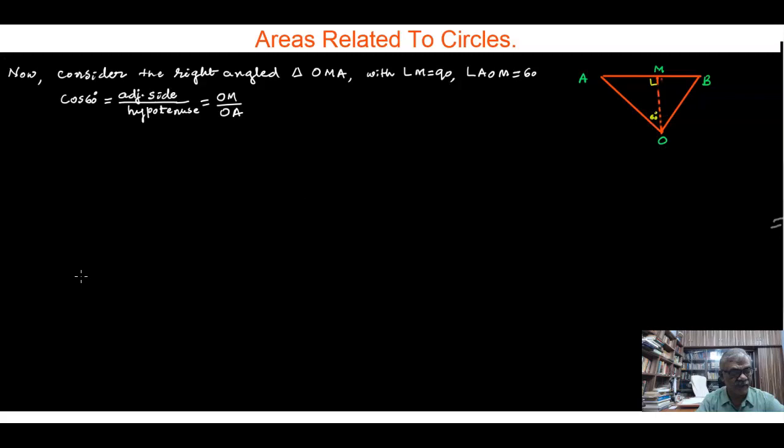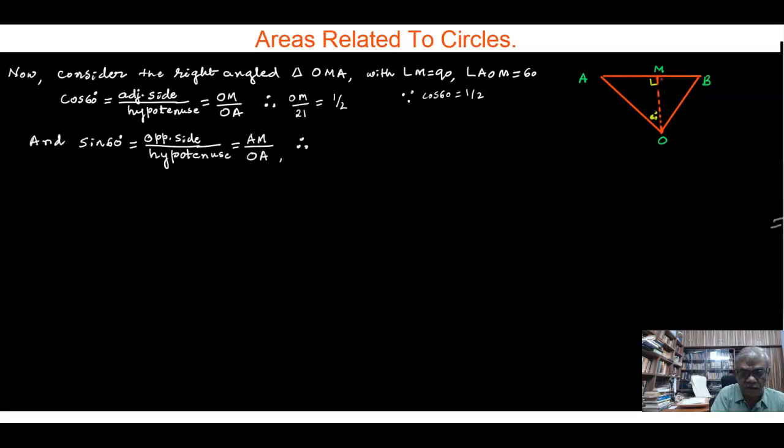Adjacent side here is OM, therefore cos 60 equals OM by OA, which is OM by 21, equal to 1 by 2, because cos 60 equals 1 by 2. Therefore OM equals 21 by 2.